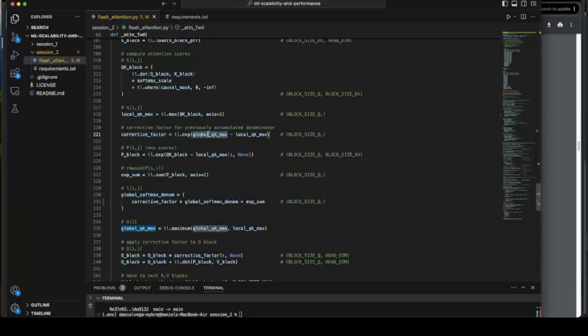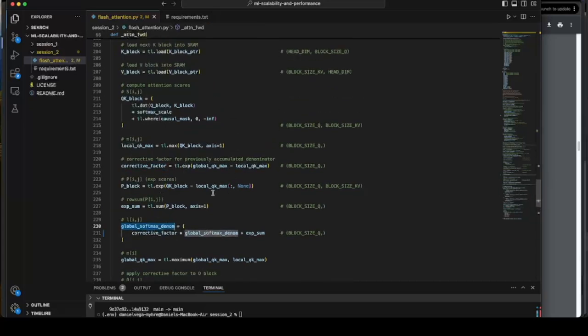So we exponentiate to get e to that number, which is our corrective factor that we can multiply by later to correct our previously seen global softmax denominator, to adjust it based on the new max that we've seen.